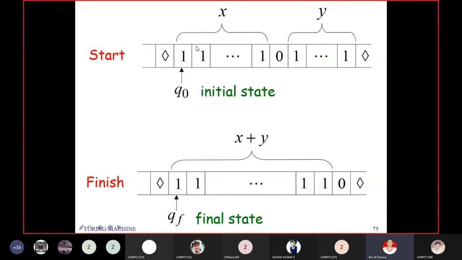This will be the initial configuration, and this should be the final configuration. So go through all the ones, convert this 0 into 1, and move forward till the blank. When you find a blank, you have to come back and convert the last one into 0, because you have added one extra instead of this 0, so you change the last one into 0.